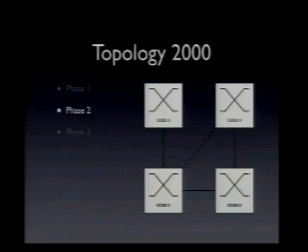The next step M6 made was expanding to 2 additional sites in 2000 with a ring structure. And this ring topology didn't really scale well. The moment you have a lot of traffic between 2 particular sites, you have to upgrade the whole ring in order to sustain outages.